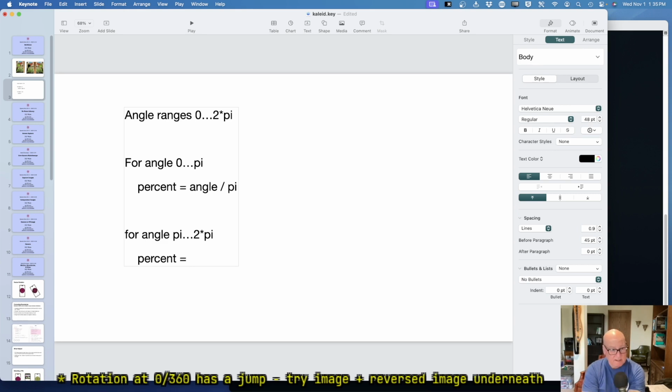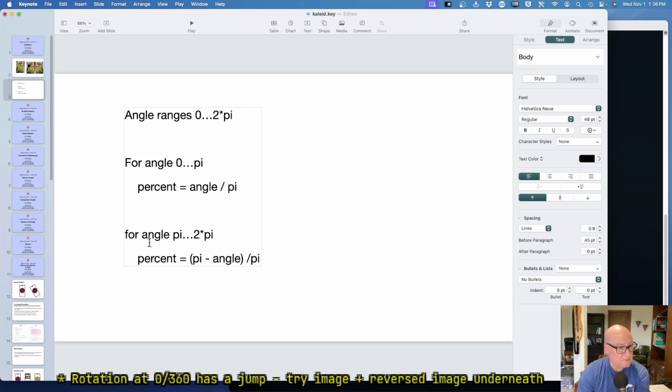Is it pi minus angle? I don't know, is that a plausible version of this? So if we're at pi, pi minus pi is 0. That sounds wrong.